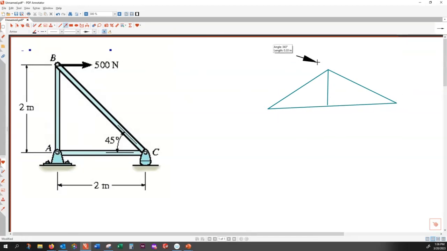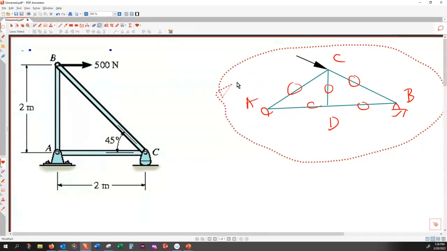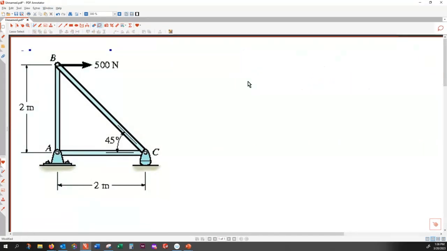Imagine that is a truss structure. How many members does this one have? A, B, C, D. So one member here, two members, three members, 4, 5. This one has 5 members, but the one we are solving only has 3 members.